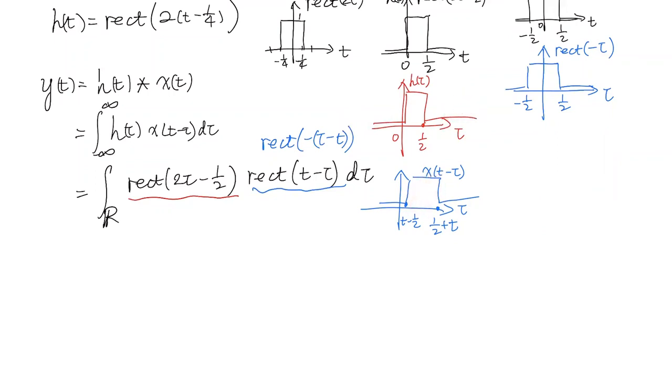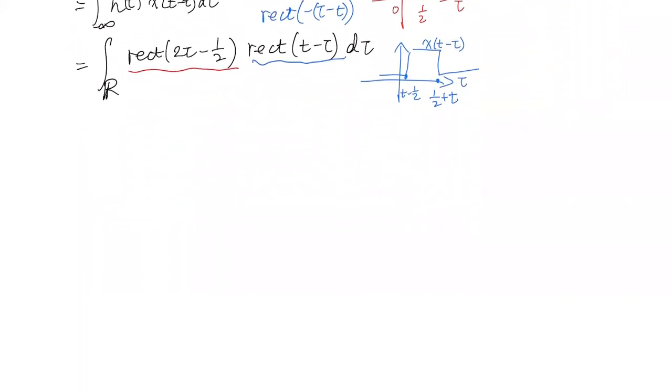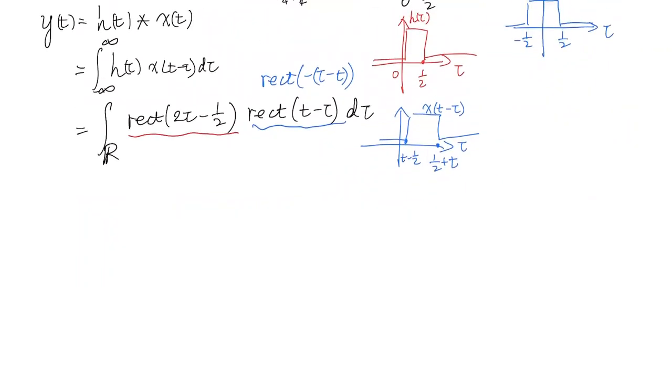Or maybe this thing is going to overlap partially with this one, or overlap partially with this side, or completely. This one will be completely covering the range of 0 to half, because this one has a width of 1, this one has a width of half. So these are the cases we needed to discuss.